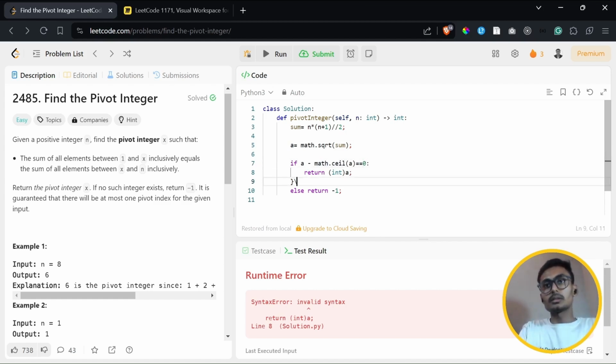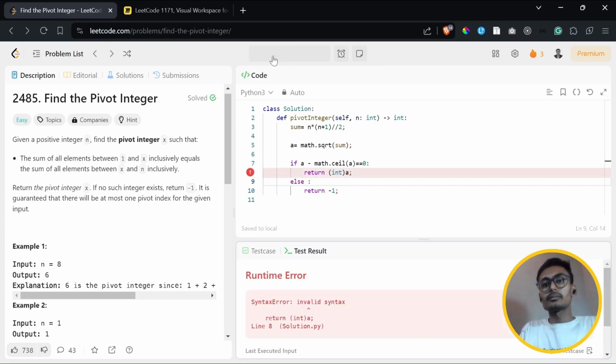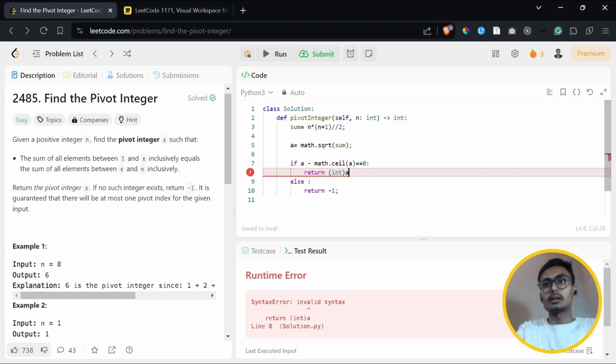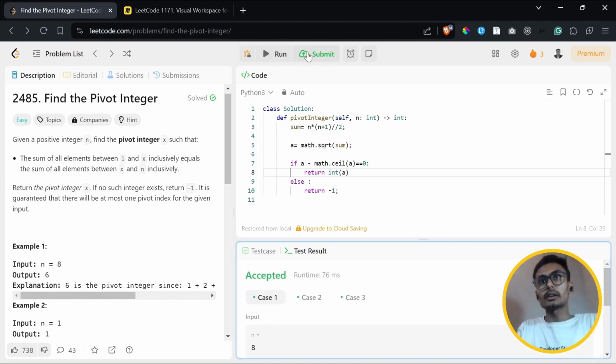This is not required, and we return int A. I forgot, it is int. Now it is good. Let's run it and hope it works. Okay, it works.